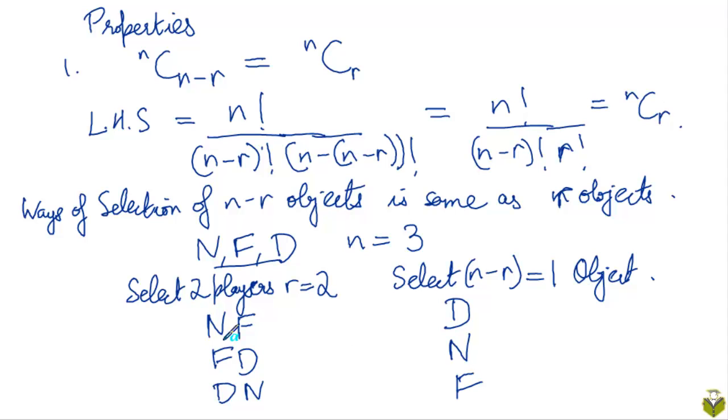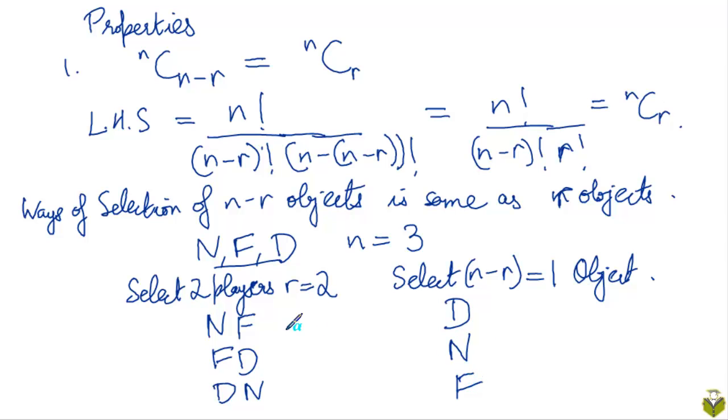So for each of these two players who are selected, the one player who is not selected, I am putting on the right hand column. So if I had to select only one object from these three, then the selections are Djokovic, Nadal, and Federer, right?